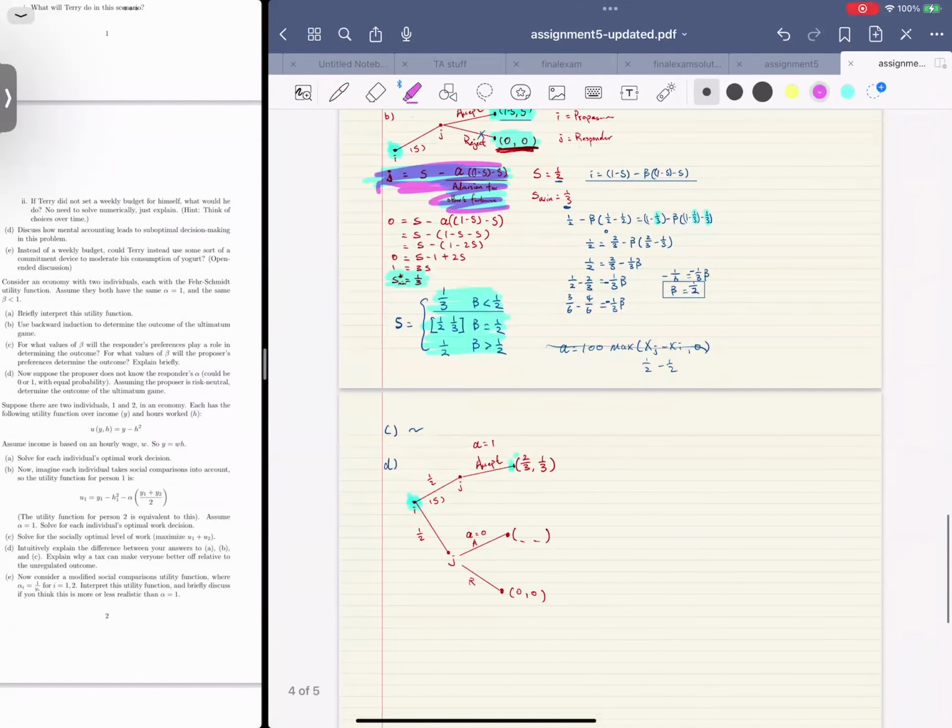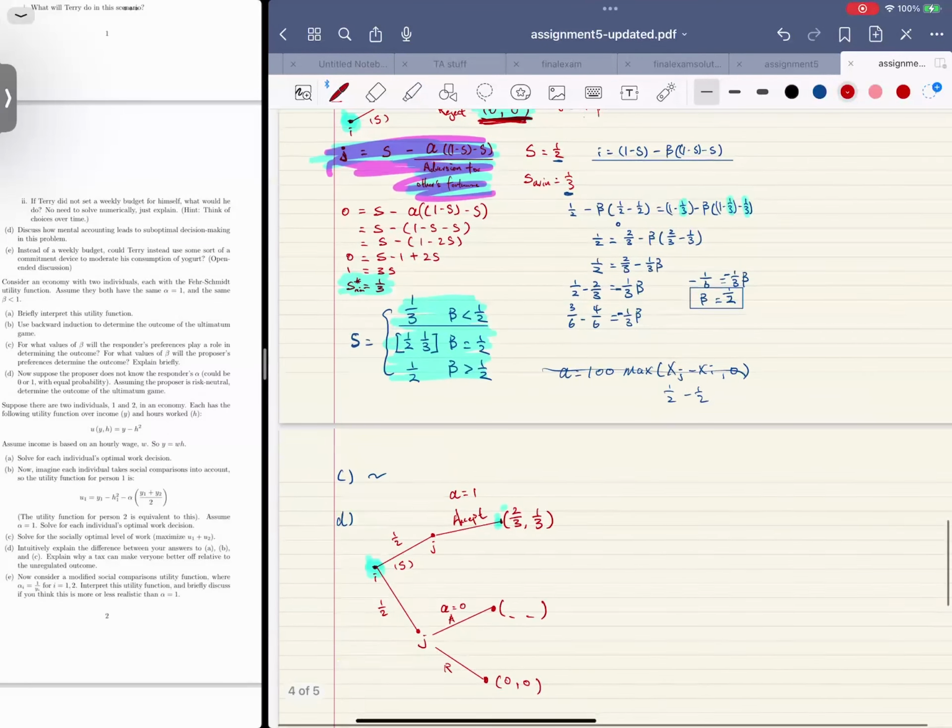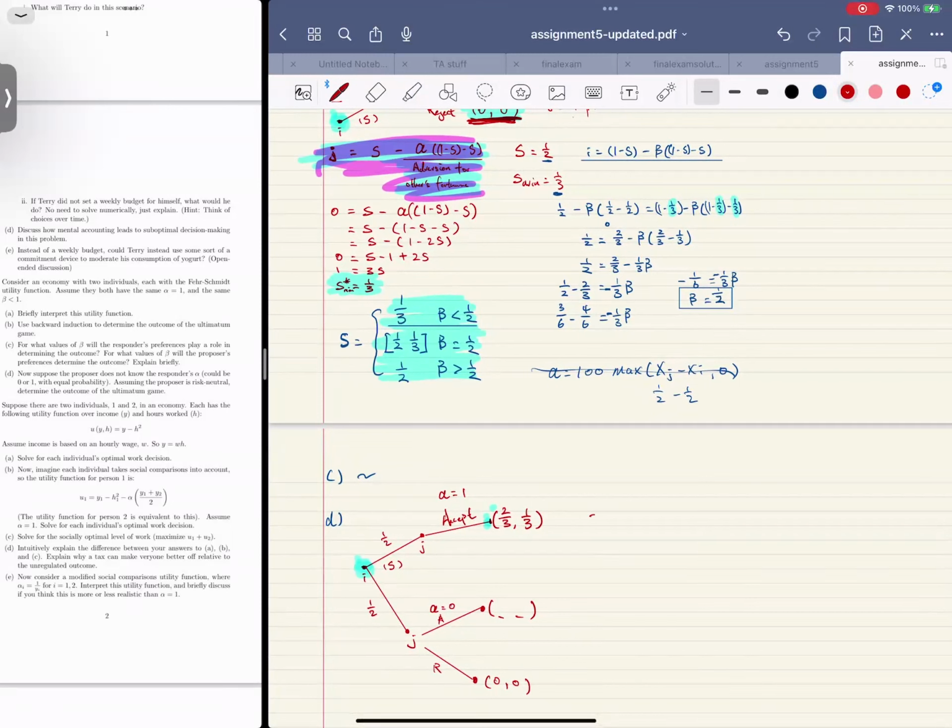If alpha equals 0, what does it mean? They don't care about the inequality, the aversion to more fortunate.